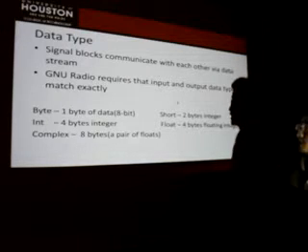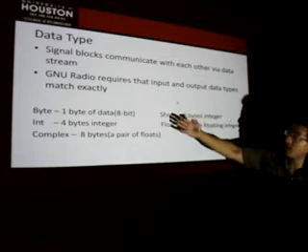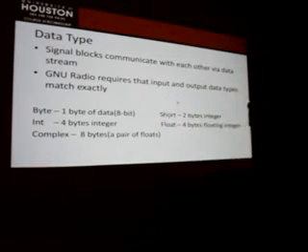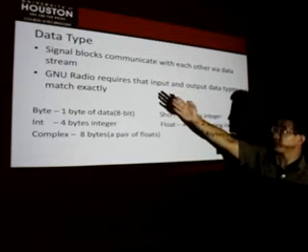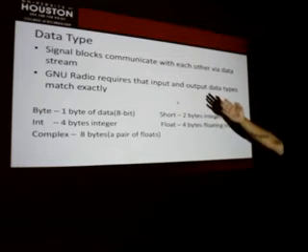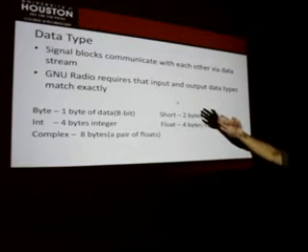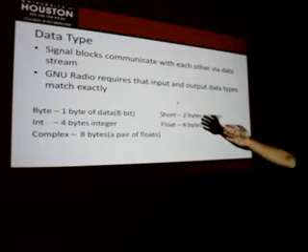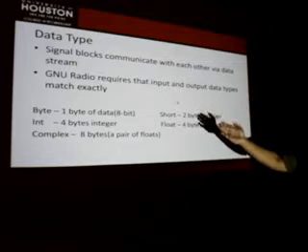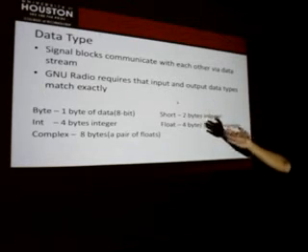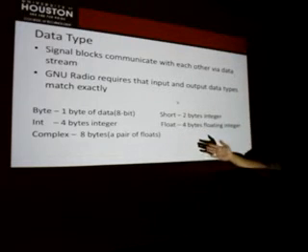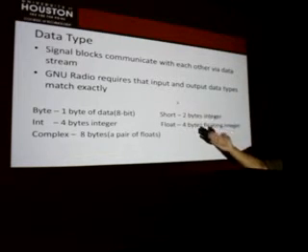And now I'm going to talk deeper about GNU Radio and the data types. The signal processing blocks communicate with each other via the data stream. GNU Radio requires that the output of the first block must be matched with the input of the second block.